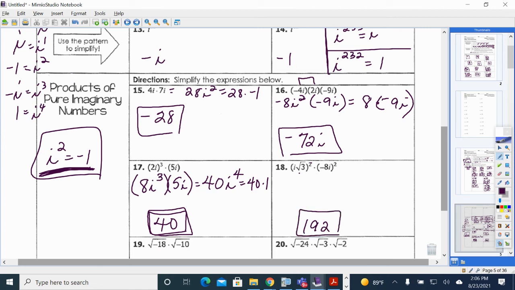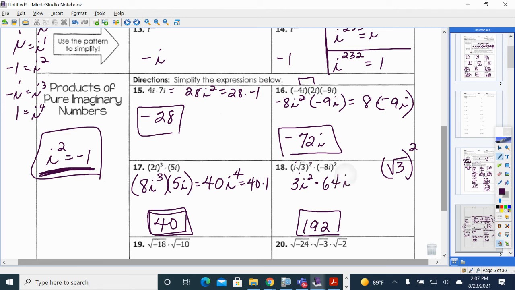If you were doing this by hand, square root of 3 squared is just 3, because when you square root and then you square it, those two operations are opposites of each other and they cancel each other out. And then negative 8i squared, negative 8 times negative 8 is a positive 64.